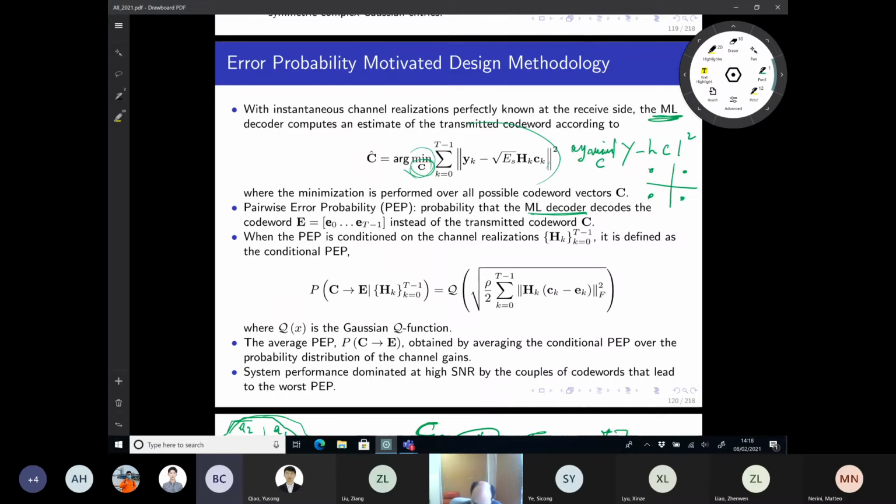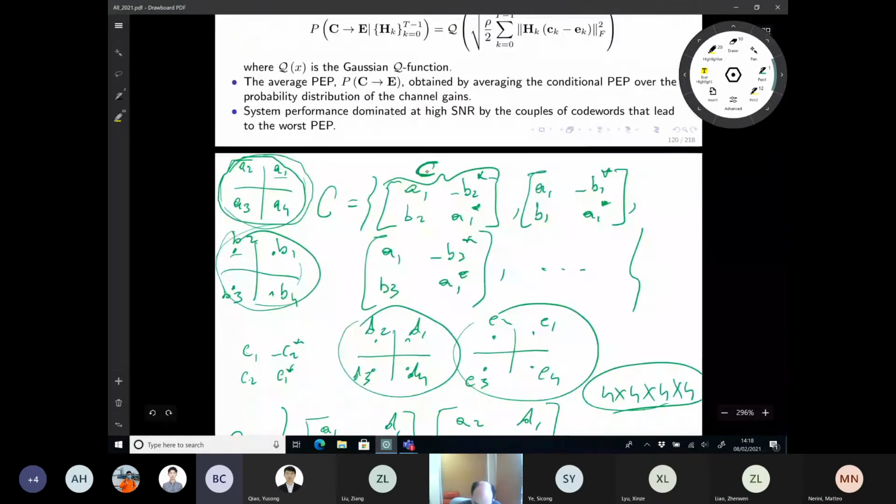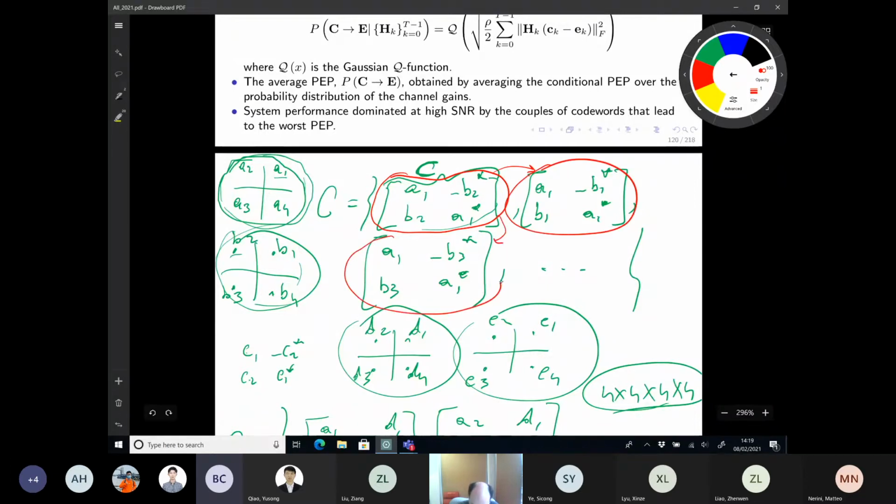So imagine you transmit a code word C, but the receiver decodes the code word E, right? So for instance, you transmit a code word C, this one here, we change color. Imagine this is C, this is what you transmit, right? But what you're interested in is to understand what's the probability that the receiver will confuse C with, for instance, E, this one, or C with this one, right?